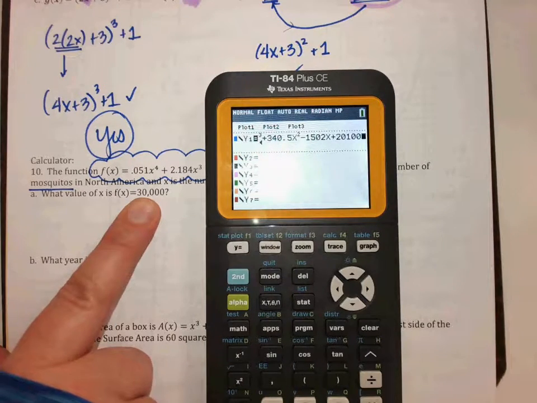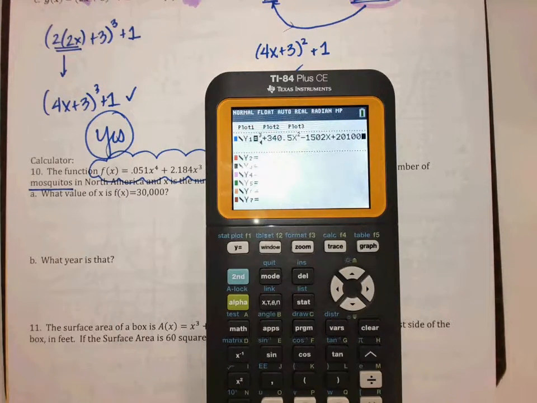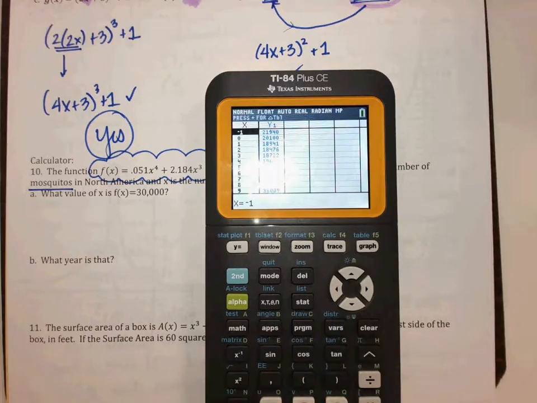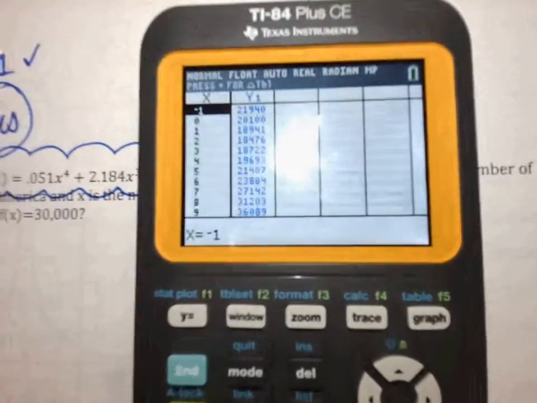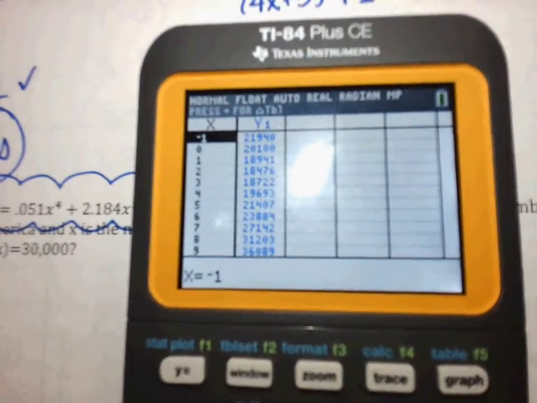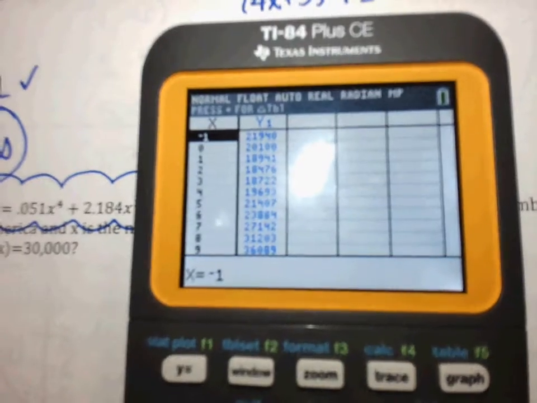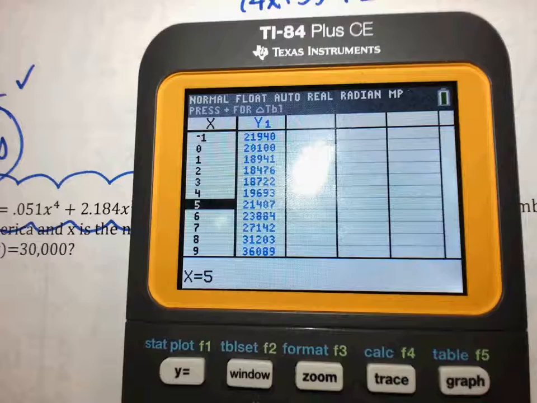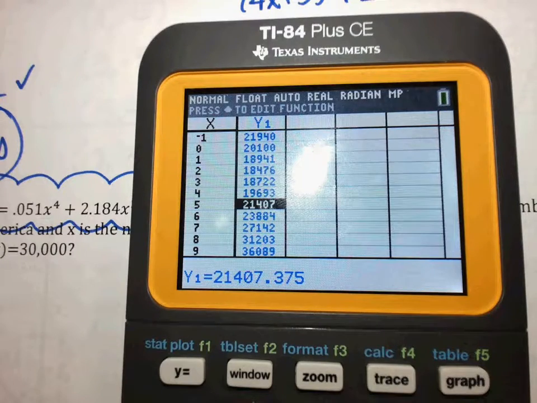30,000. Where can I see a list of all the different numbers of mosquitoes in the table? So I'm going to come here, and then I'm going to look to see when there are 30,000 mosquitoes. Okay, easiest way to do it. Let me resume this. Okay, at 5 years, how many mosquitoes do I have? 21,000. How many do I want? 30,000.